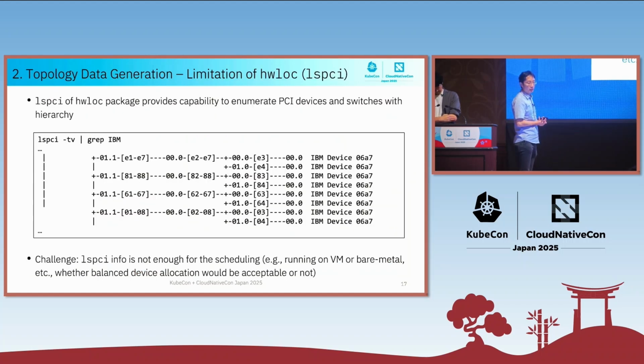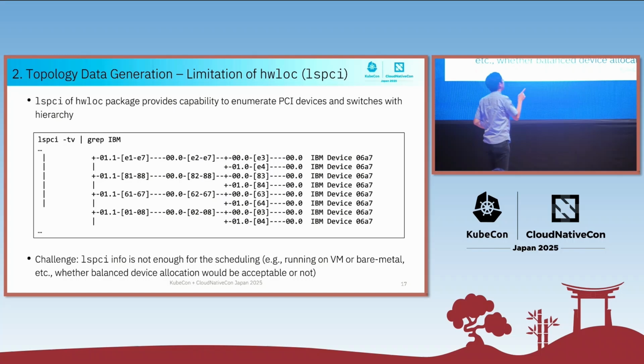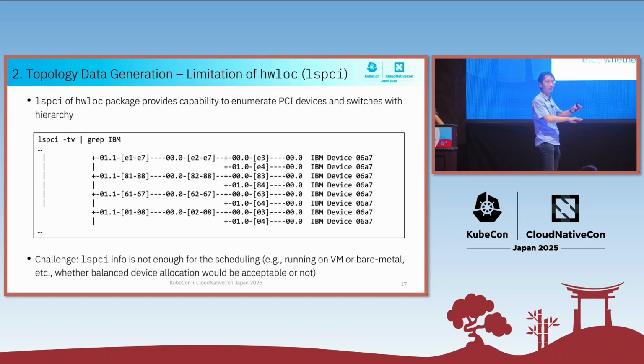And another lesson learned is the topology generation. So we have a library which is called HWLoc, hardware locality package, which provides information about the PCI devices. So we can see the tree of the devices. And this is the example case of the 1, 2, 3, 4, 8 IBM devices under the PCI bus. And here, this is the simple output, but in the background, there is some hidden truth.